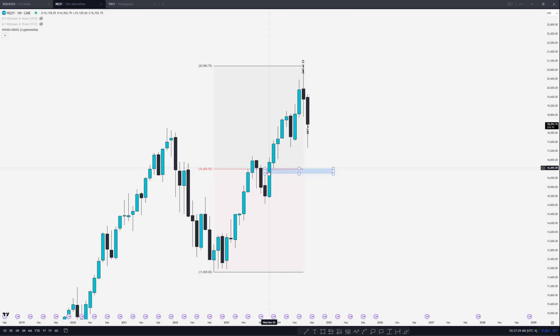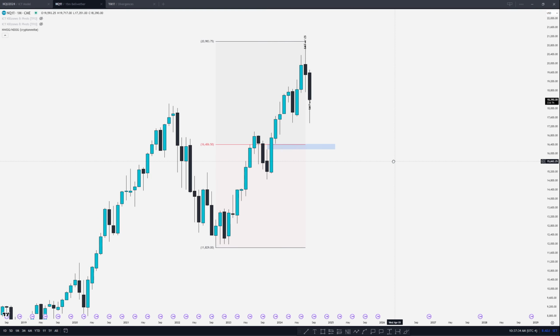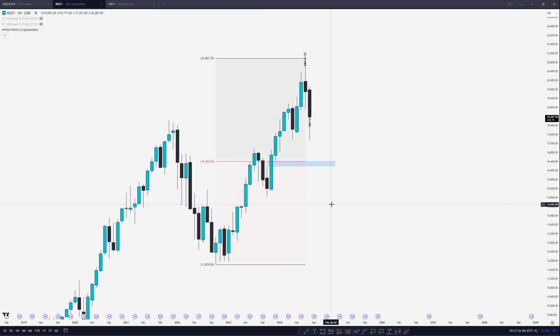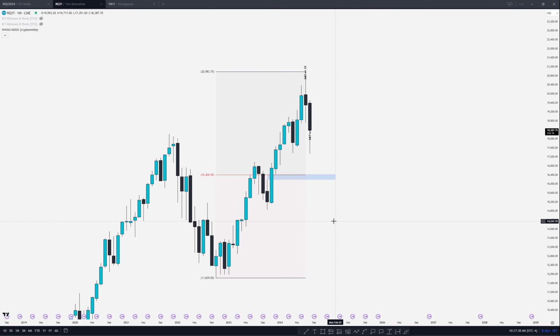It's possible that we come down into here and then trade back up. And that's really going to be determined with elections. If you've been watching what's happening around the world, we're entering a period of heightened volatility, and it's going to be difficult, right?